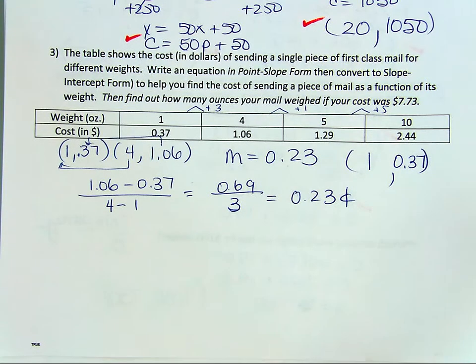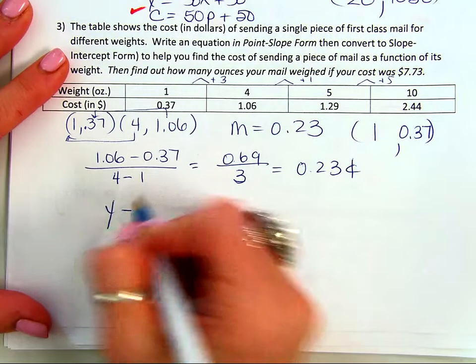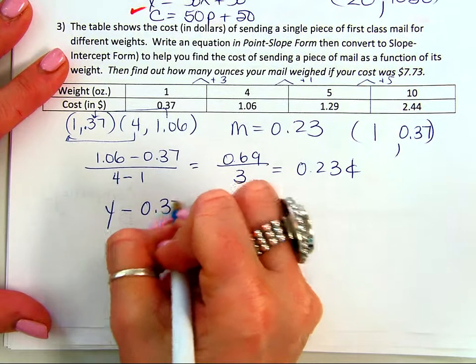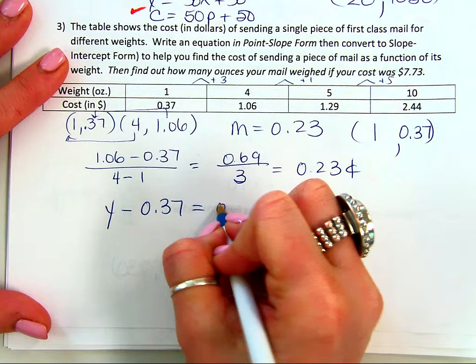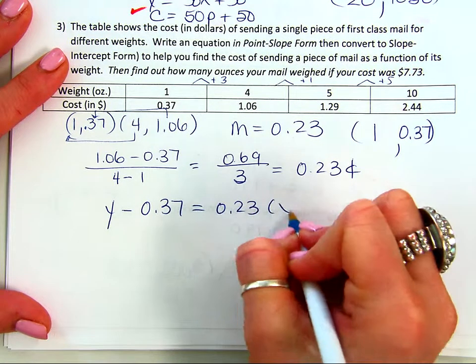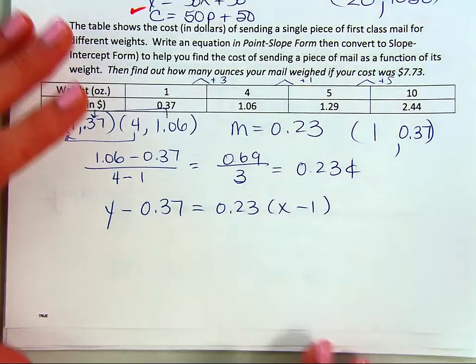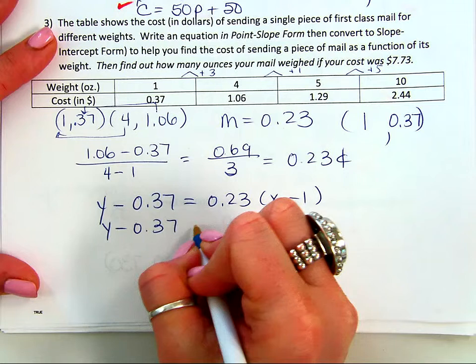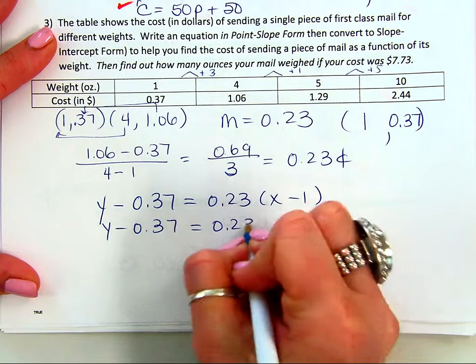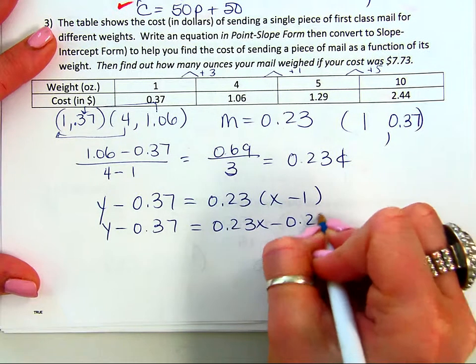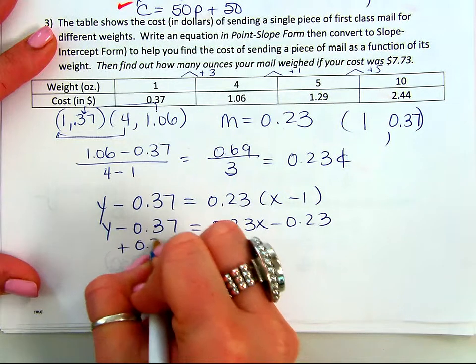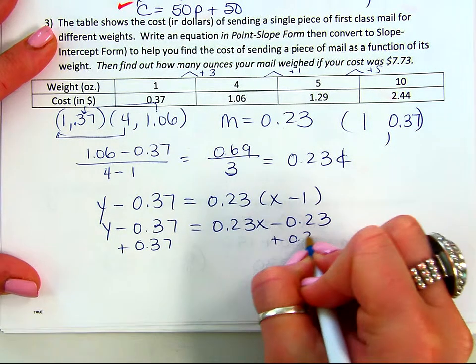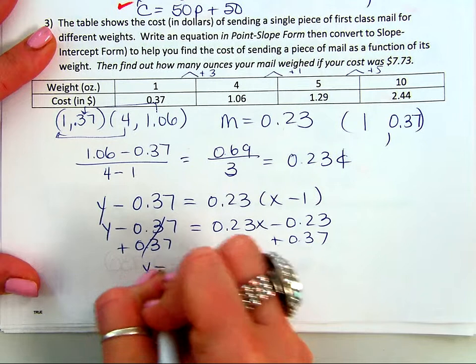Distribute. So y minus 0.23. And you have a calculator, so you can do it. It's not fun working with decimals. And I fly through this part because I know you guys know how to do it.